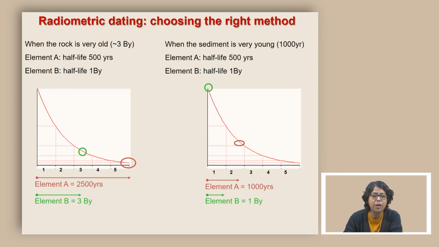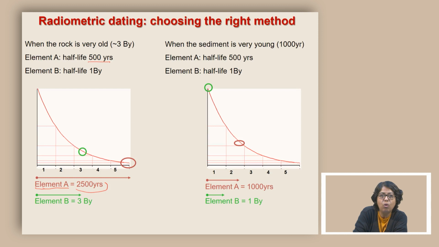Theoretically, the elements continue to decay and produce daughter elements, but in reality, if we are looking at a rock which is 3 billion years old and we are trying to date it with element A, then because element A has a 500-year half-life, after 5 half-lives it already has a very low amount of parent element.